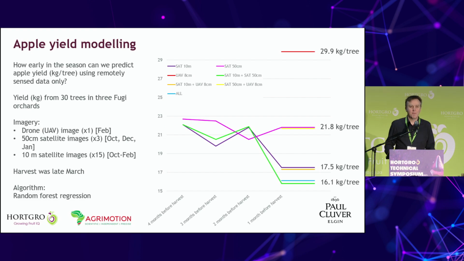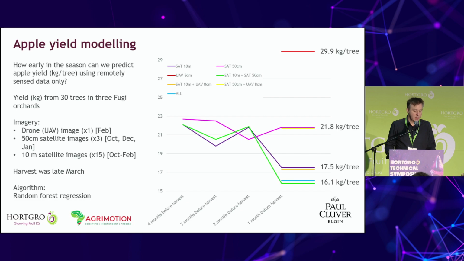Okay, some fruit at last. So apple yield modeling. This was a project that was funded by Hortgro. It was actually about inter-tree variability, and for this, Miku was also involved in that.